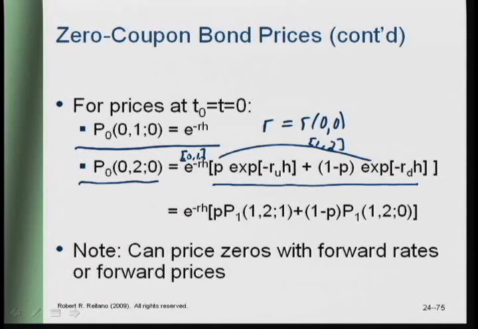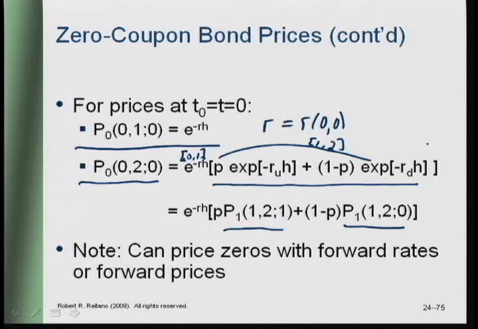And notice that I can write this expected formula in terms of the zeros at time 1, the zero prices, or in terms of the interest rates at time 1. Notice in this formula, you see H. So this is a good example of where in the actual lattice, we wouldn't need an H because H is 1. But these are the general formulas where I've explicitly inserted the H under the assumption that the lattice is generating annualized interest rates.